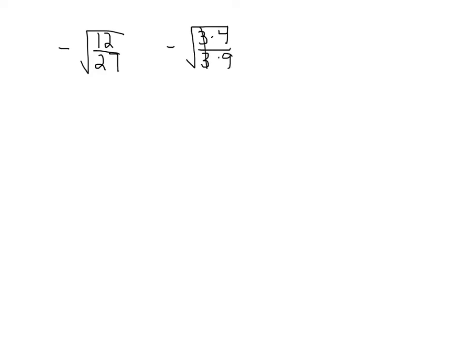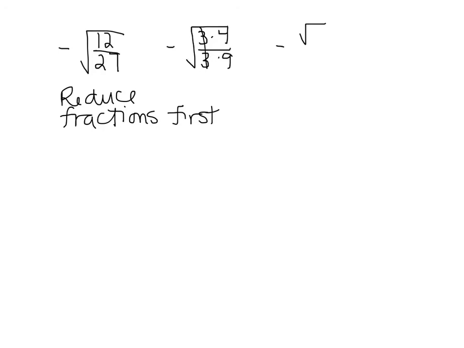So I get the square root of 4 over 9. In other words, I can just reduce the fraction first. And so now I have the negative square root of 4 over the square root of 9, and as we can see, that is 2/3. So the answer to that problem would be negative 2/3.